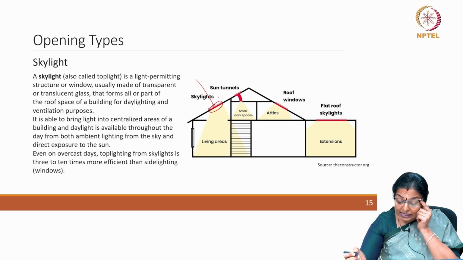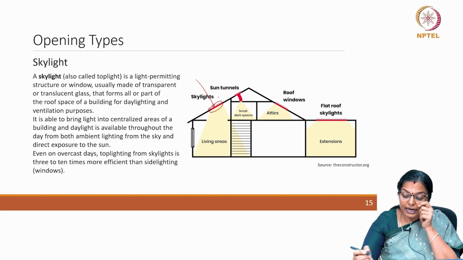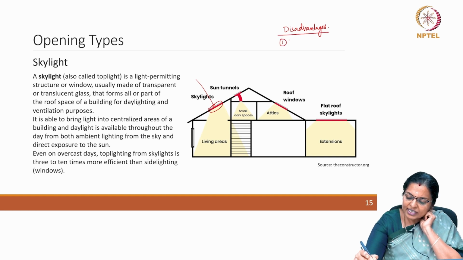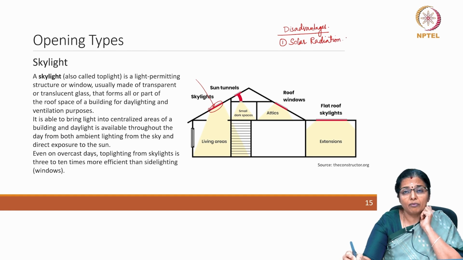The biggest disadvantages include extremely high levels of solar radiation, and it can cause indoors to heat up very fast and the temperatures can rise very high.